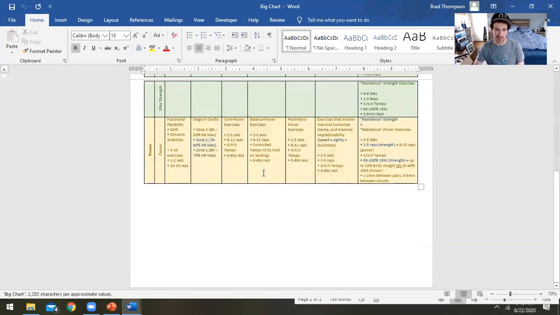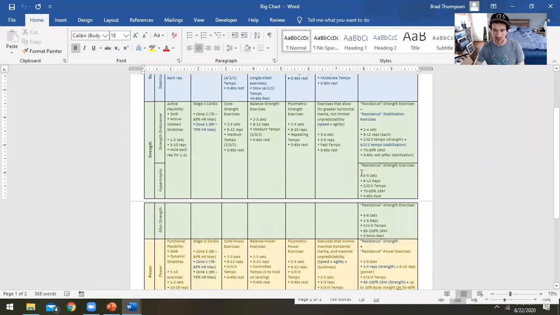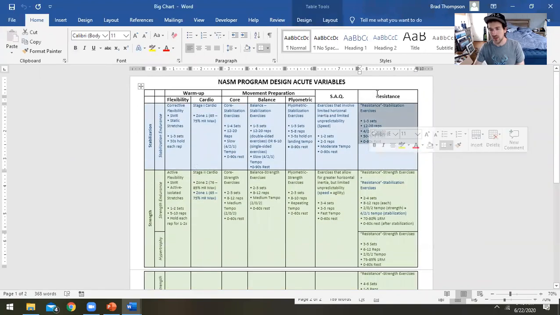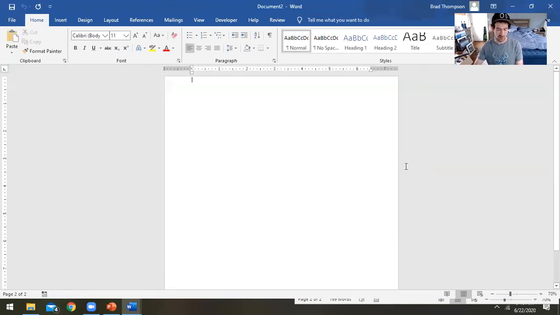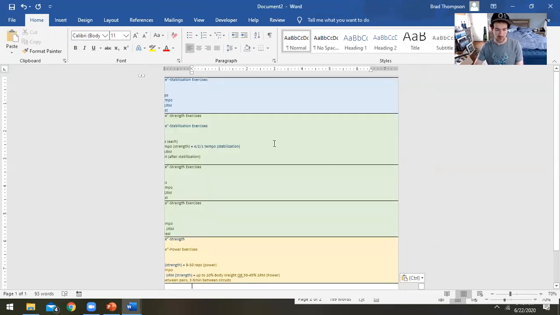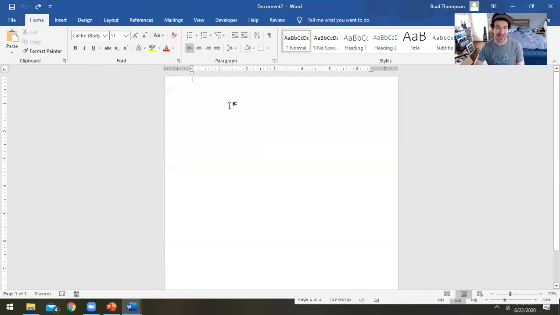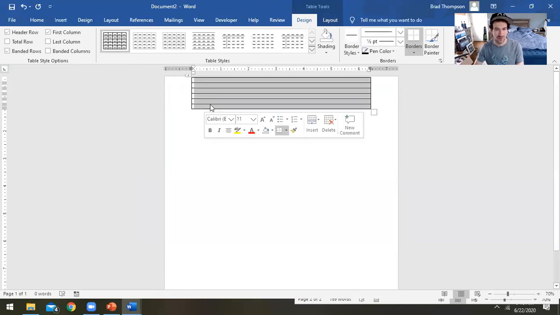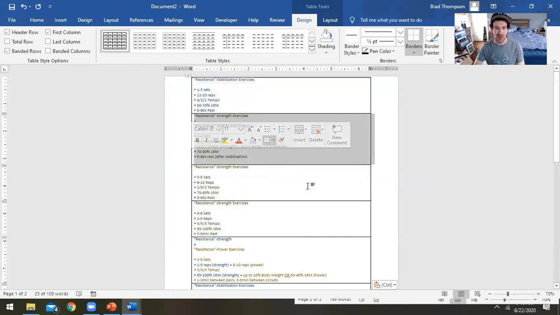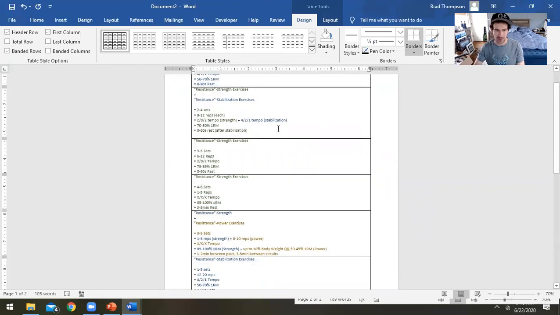And we'll go down to resistance training because that's really what we're talking about here. So we're in this column. And if we look at stabilization, watch this, this is gonna be my smartest moment. Okay, well, it would have been my smartest moment. Why did that happen? Insert table. All right, now they're all by themselves, and I can make this bigger.